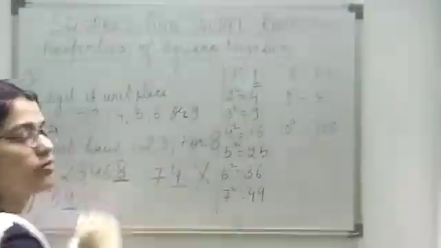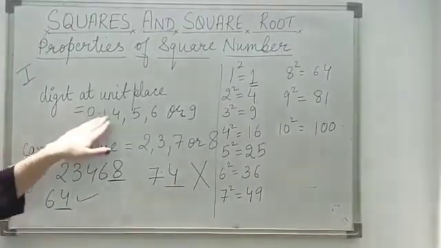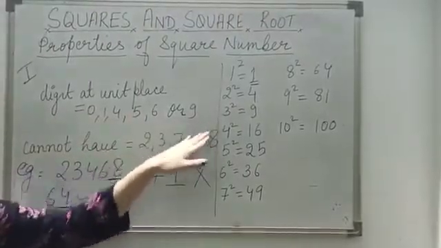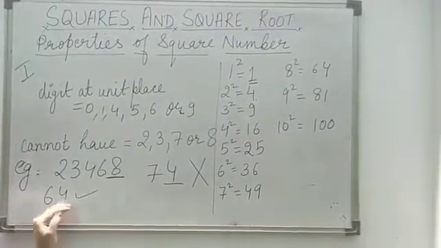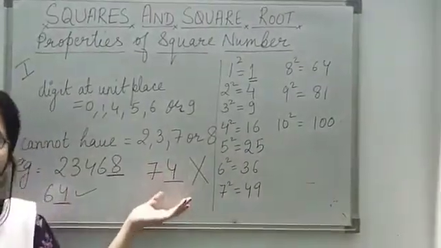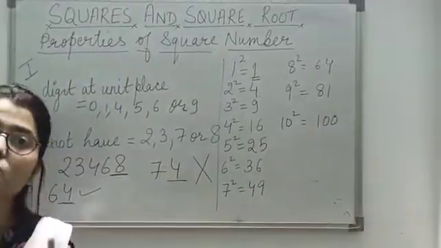So in this condition, with 0, 1, 4, 5, 6 or 9, the unit digit 4 is there, but the number may or may not be a perfect square.